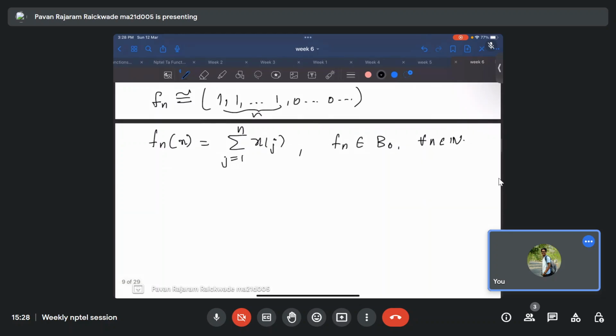The question is, where does it converge, or even if it converges somewhere. From here it's clear that Fn at x converges to the sum of the series, summation xj, j going from 1 to infinity.